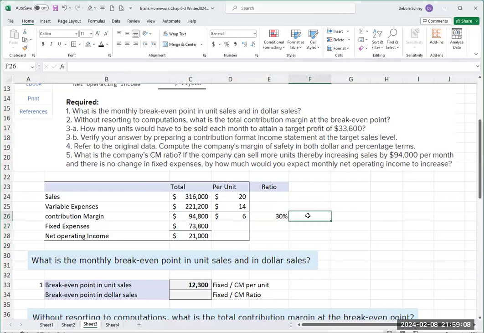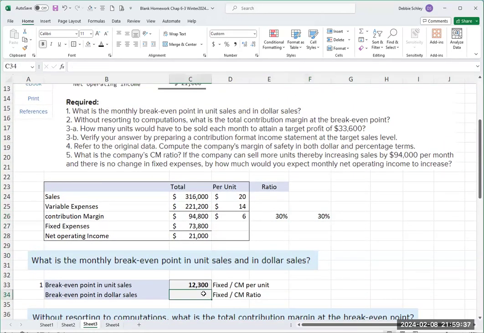And remember, because it's a ratio, I could have also taken the total contribution margin and divided it by total sales. And it gives me the same ratio because it's a ratio. So either way, whether you do it per unit or with totals, just make sure both numbers are either a total or both numbers are a per unit, and you'll get the right answer.